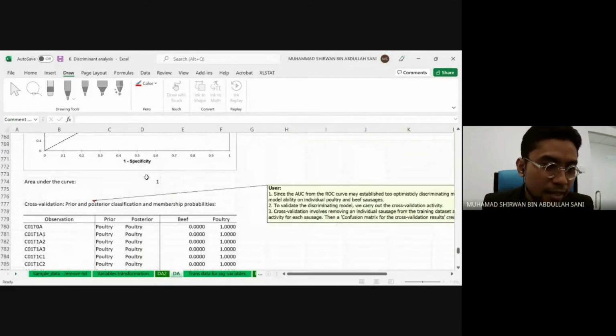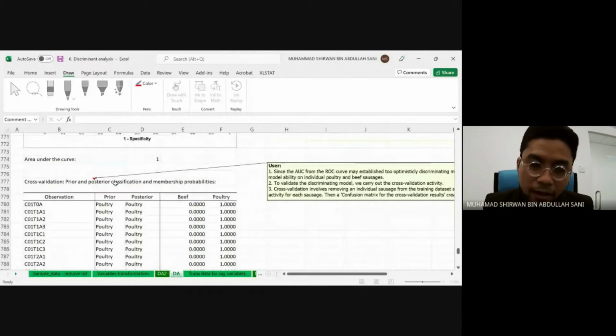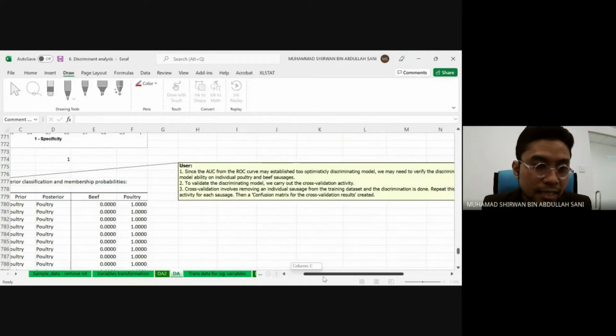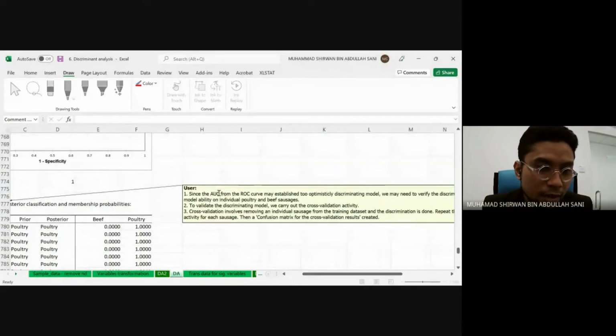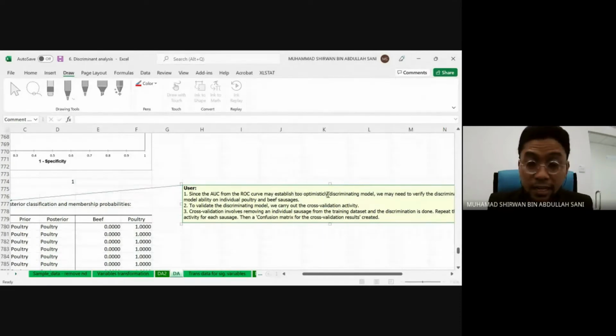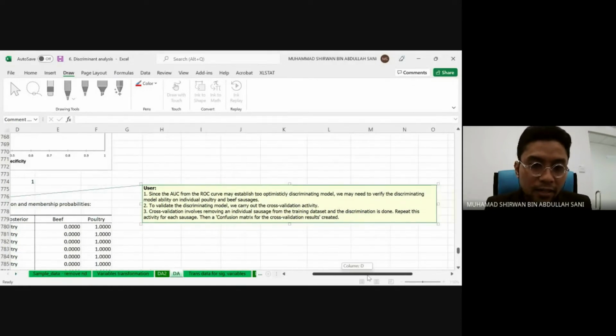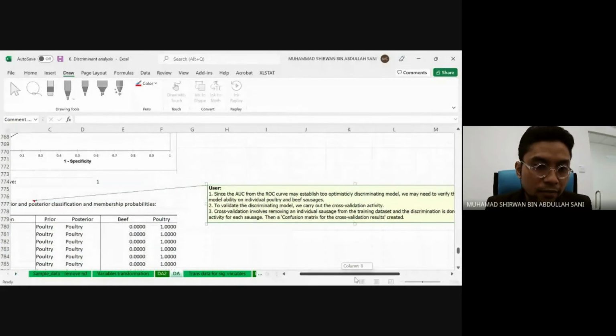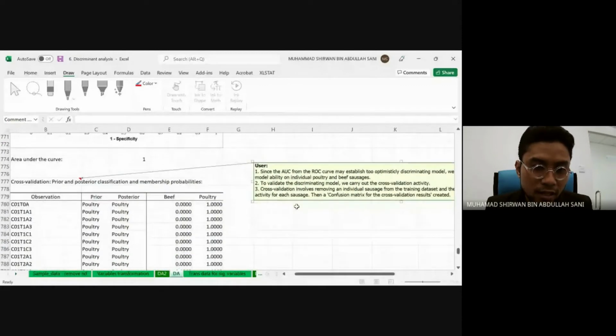Okay, how? It will do cross validation. Yeah. So the discriminating analysis will create a cross validation test. How does it do it? Yeah. Since AUC from the ROC curve may establish an optimistically discriminating model, as I said, in this world there is no ideal thing. Yeah? We may need to verify the discriminating model ability on individual poultry and beef sausages.